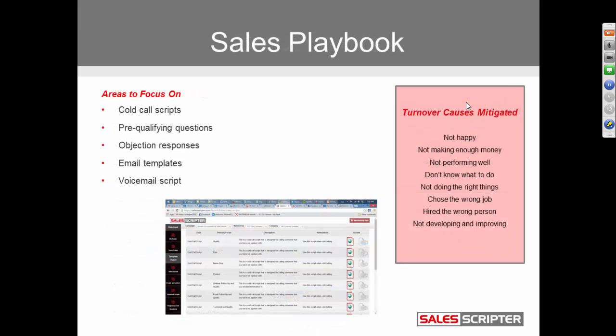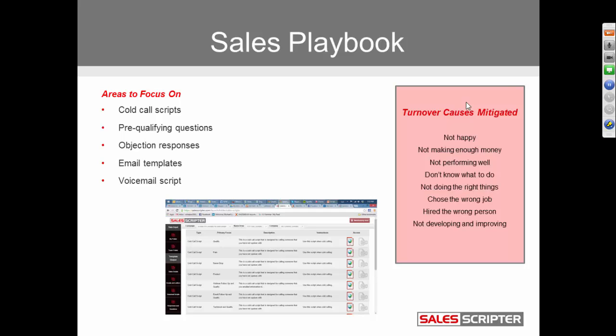A branch out of the sales tools is to think about, do you have a sales playbook? Imagine a professional athletic sports team operating without a playbook, right? The level of disorganization, the level of performance, the level of communication will not be good. Most sports teams and most sports have some sort of playbook that they work against, and you can develop one for your sales team.